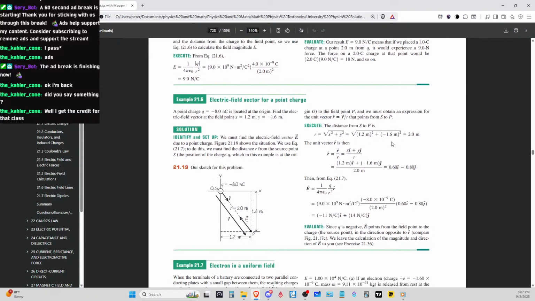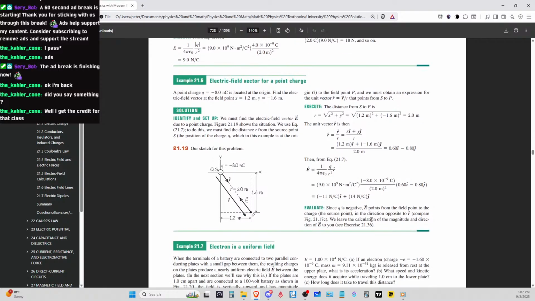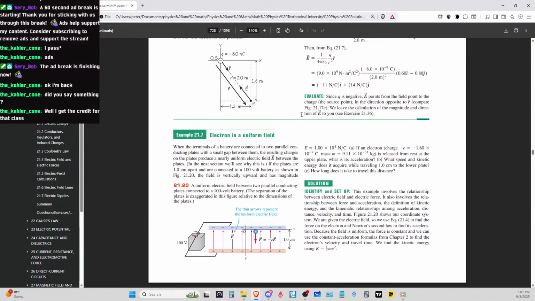We leave the calculation of magnitude and direction to you. Okay, so whenever it's negative, we have to remember to multiply everything by a negative sign at the end. That's a good thing to know.